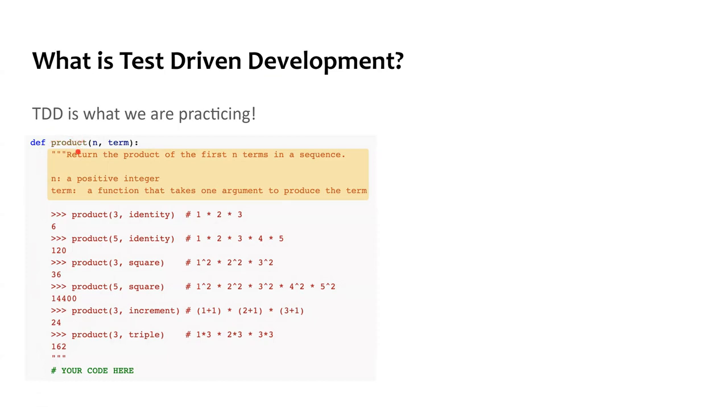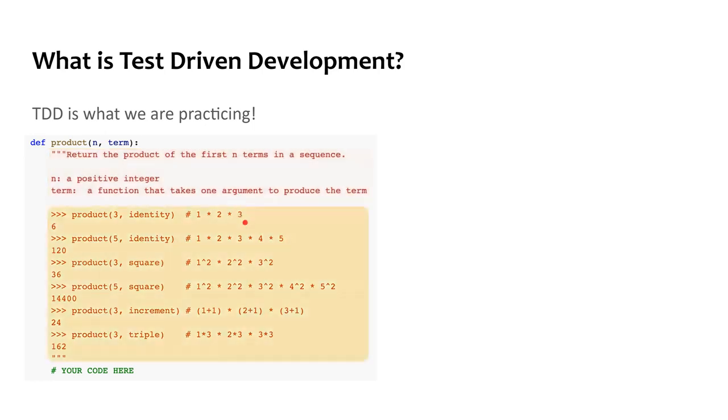So this product function returns the product of the first n terms in a sequence. And also, you can describe what the parameters are. So n signifies a positive integer, and term indicates a function that takes one argument to produce the term, right? So this is the first part, the description of the function.